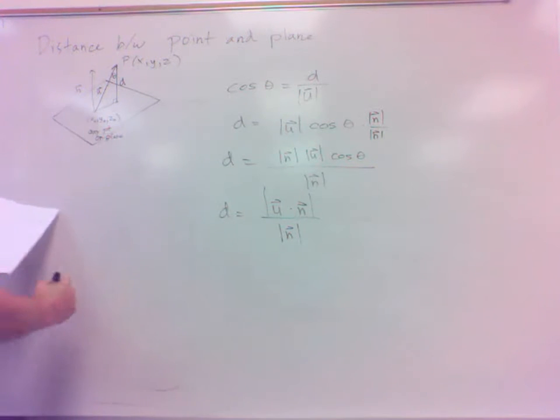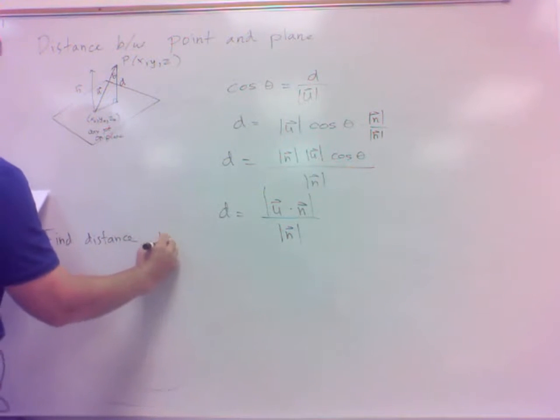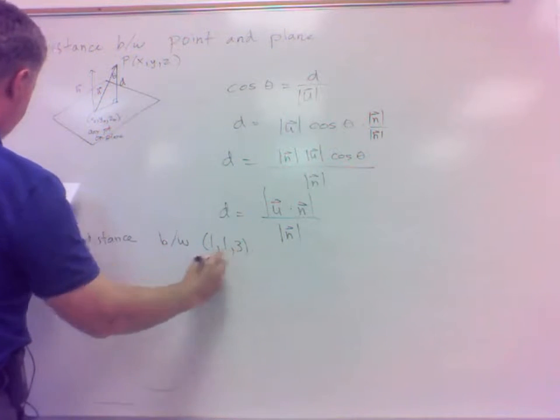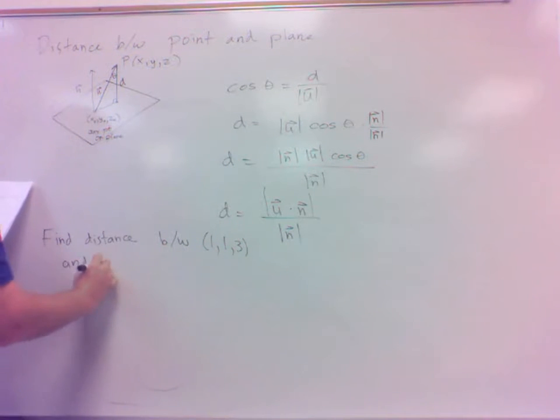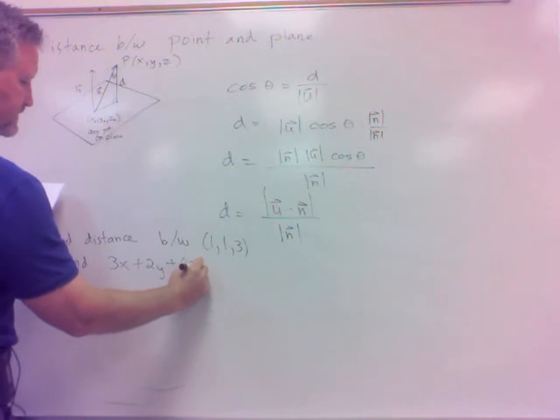Okay? So let's see. Find the distance between 1, 1, 3 and the plane 3x plus 2y plus 6z equals 6.